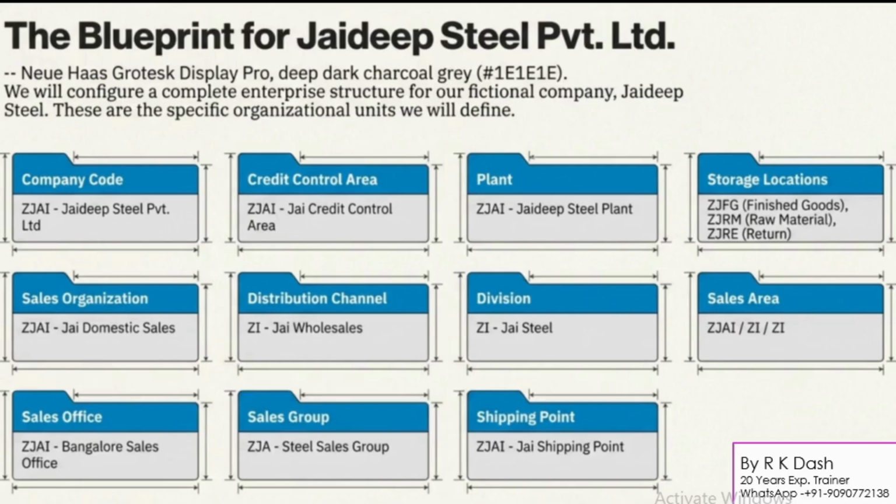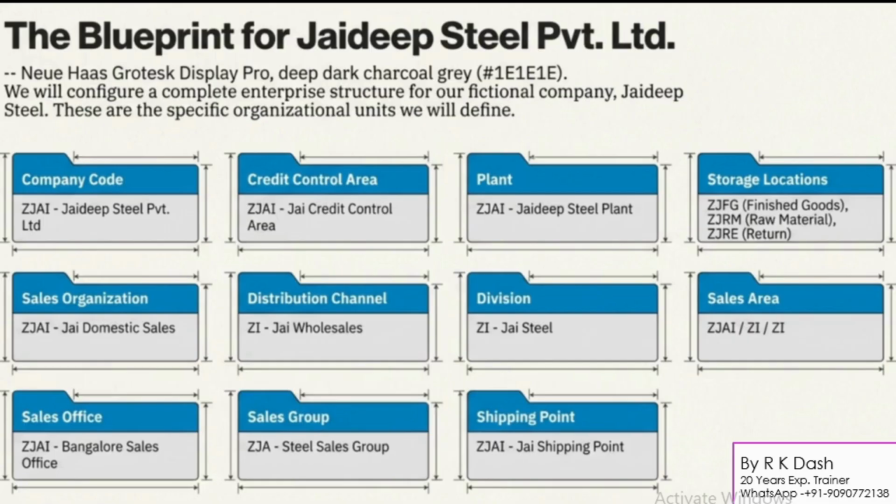First one is the company code. We have made a company code ZJAI, that is the technical code, ZJAI, Jaideep Steel Pvt Limited, and the credit control area also ZJAI, and we have kept the description of that credit control area.